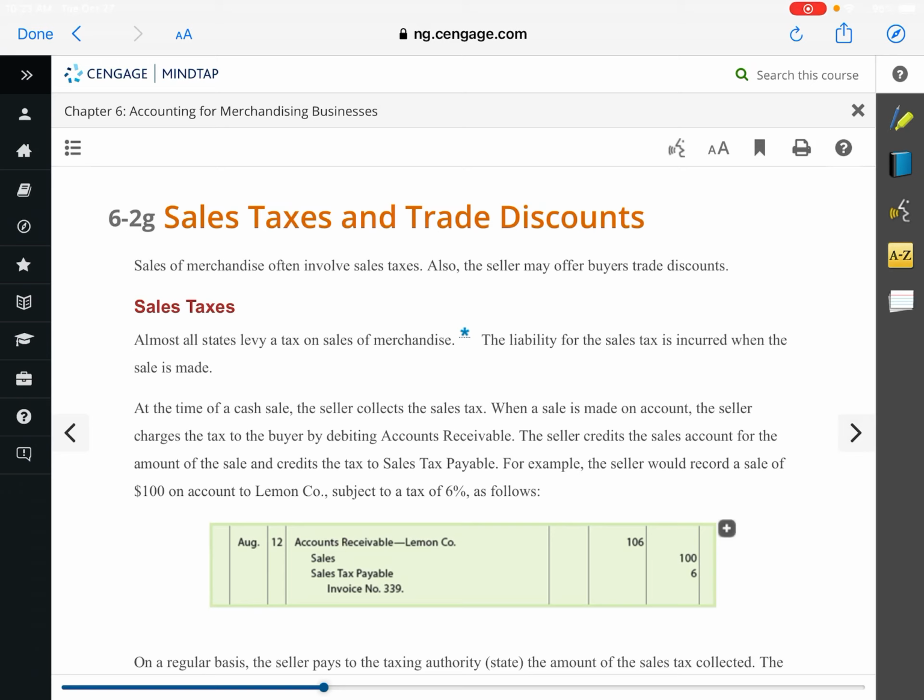All right, so Statham sold merchandise to Bloomingdale on account for $147,600. So that's the gross sales price. We offered a 2% discount, and we say assume that all discounts are taken. So we can either multiply that by 98%, which is how much they actually paid, or multiply by 2% and then subtract the difference.